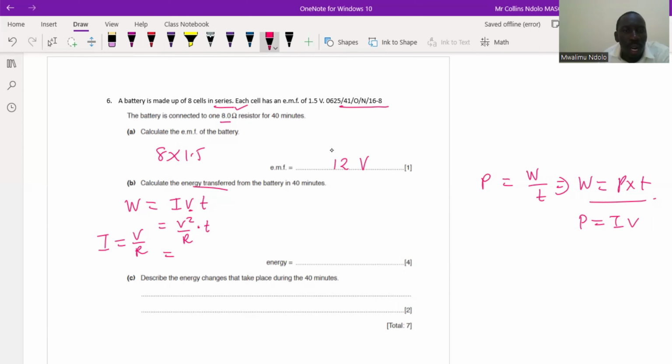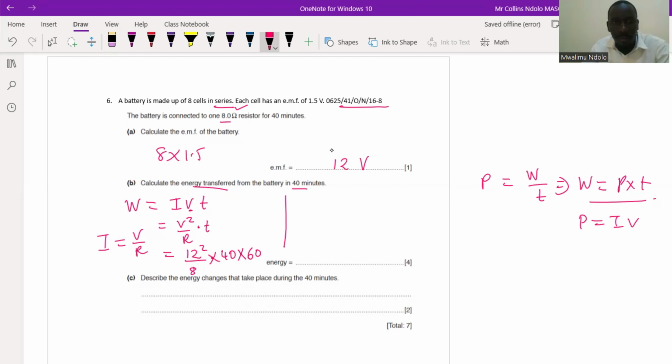So we will have V as 12 squared over R, which is 8, times the time, which is 40 minutes. That 40 minutes must be converted into seconds, so you multiply by 60. Instead of using a dot, we just use multiplication here to avoid confusion.